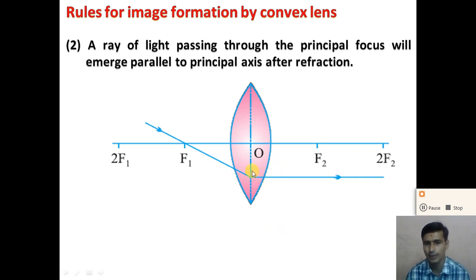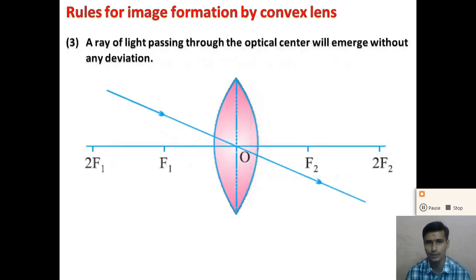So here we get, after refraction, rays parallel to the principal axis, right? So when a ray of light passes through the principal focus, after refraction it will emerge parallel to the principal axis, right? So understand the second rule.